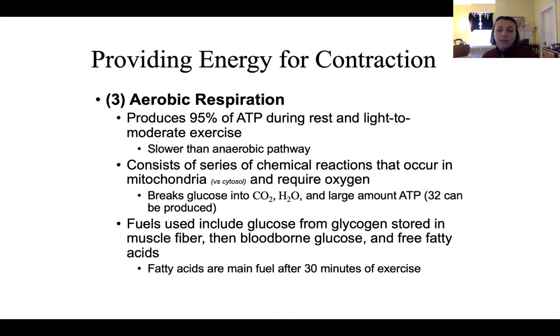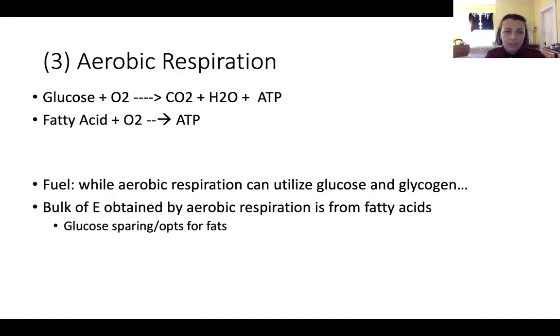But after 30 minutes, we're going to shift to just using the fatty acids, because now the body's had time to start the conversions of the fatty acids and produce a lot of energy from it. Once that pathway gets revved up and utilized, we can let go of the other 2 pathways. They're not needed anymore because we have it coming from aerobic respiration.